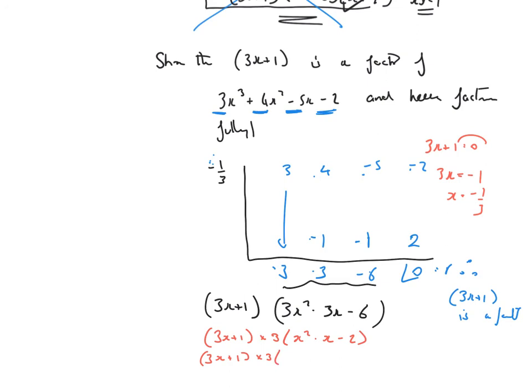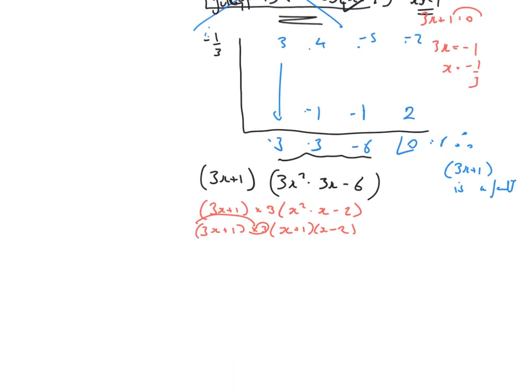Two numbers that multiply give minus 2, add together give minus 1. That's going to be plus 1 and minus 2. Final move I can make then is just to put the 3 at the front. That would look a bit better. And that would finish it off to look like this: 3 bracket 3x plus 1 bracket x plus 1 bracket x minus 2.